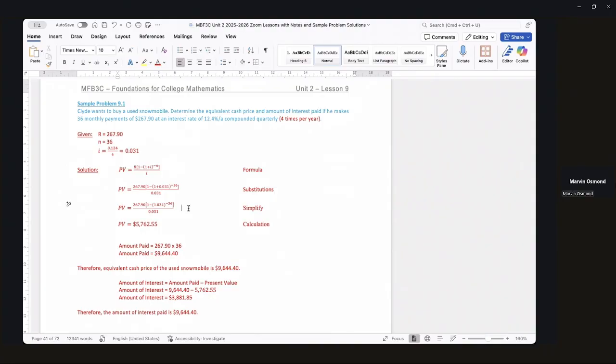Negative 36. And it's that case here. So I'm going to go looking for where the negative sign is. I'm using a graphing calculator. I'm not sure what you have available to you.